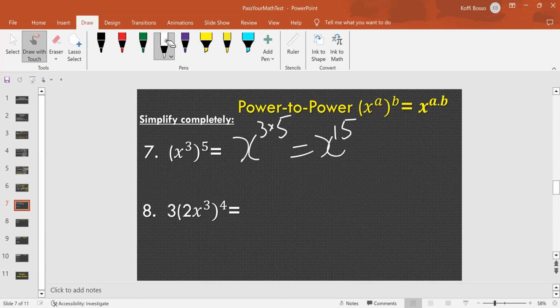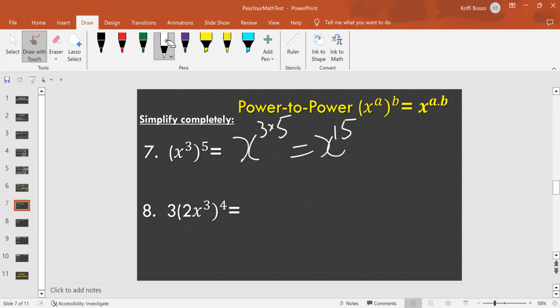The bottom one, so question number 8, which is also tricky. So we have a 3 outside the parentheses. So that 3 stays. But what's going to happen inside the parentheses? You have to understand that the power 4 here is not only for the x cubed, it's also to the 2 inside.